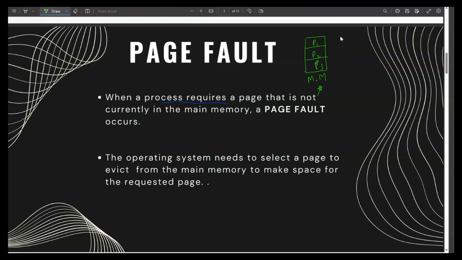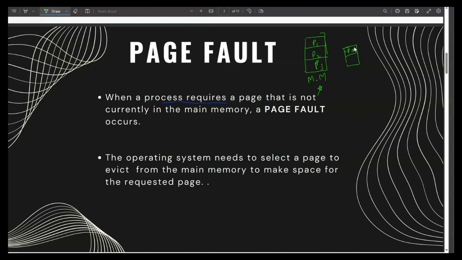And now page 7 will be brought from secondary storage, and it will replace one of the pages in the main memory. The page that will be replaced will be decided on the basis of some page replacement algorithm that we will see later on.